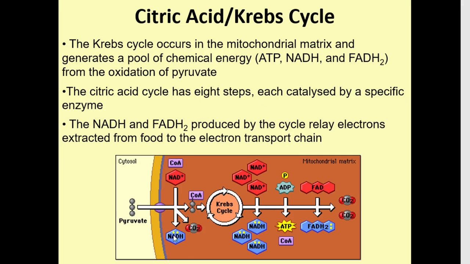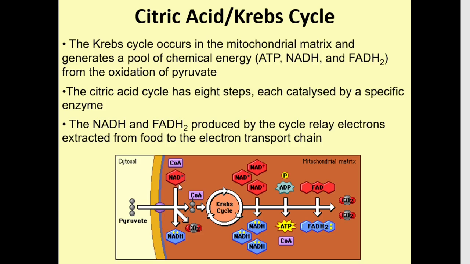So let's just have a look at this diagram here first before we move on to the next slide. And this shows what we've just looked at basically. So here you can see one pyruvate. We've been through glycolysis. We've turned our glucoses into two pyruvates. We're just following one at the moment. So one pyruvate will come into the matrix. This is the link reaction here that we've just looked at.